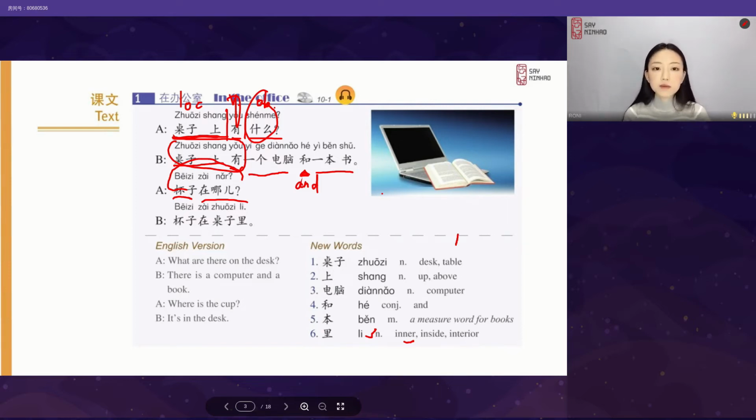Next is 杯子在桌子里. 杯子 is in the desk. 杯子在桌子里. So this is something at somewhere. This is the structure. Something at somewhere.